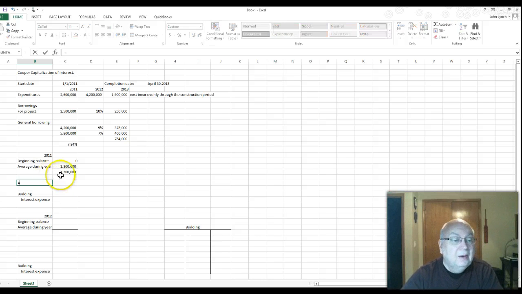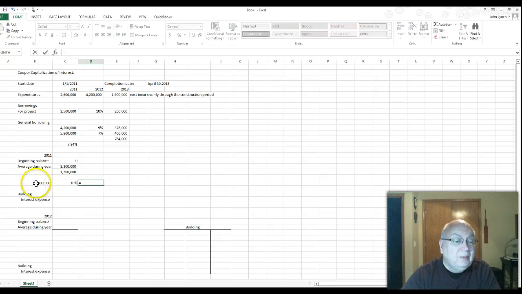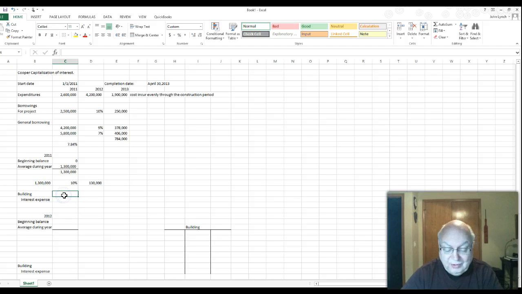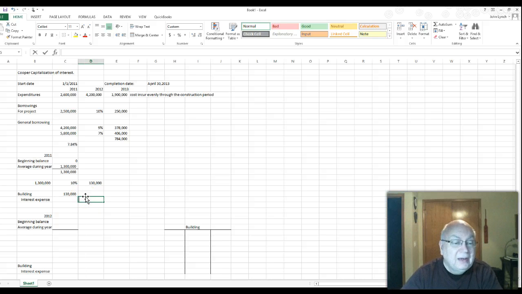Remember, the first amount is the 10%. So here we would simply take this times the 10%, which gives you 130,000. Okay, I already started the journal entries. So you debit the building for 130,000 that you're building, and your credit is also for the 130,000.